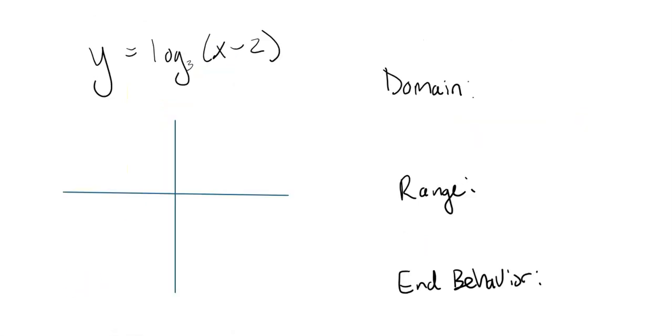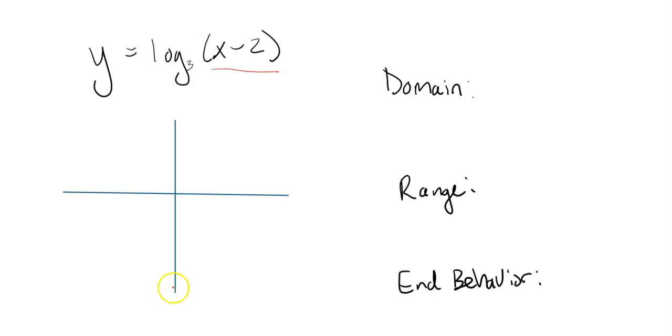Let's look at another one. So if you're looking at this logarithmic function, it has a base 3, and it has x minus 2. The 3 doesn't really do a whole lot. If you know your transformation rules, which it's okay if you don't, I'm going to show you how to use Desmos to figure this out. If you have subtraction within the function, that's going to move it to the right that much.